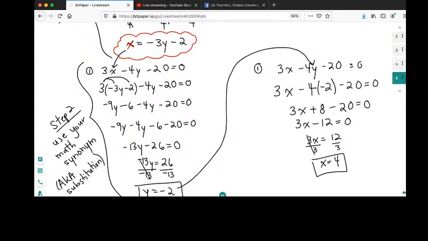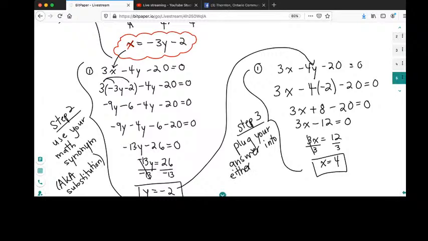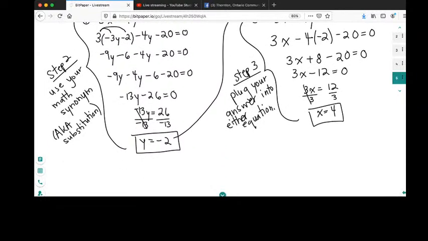So my final answer, first of all, this is step 3. Plug your answer into either equation. Wonderful. And then your final answer, remember that x has to be first.